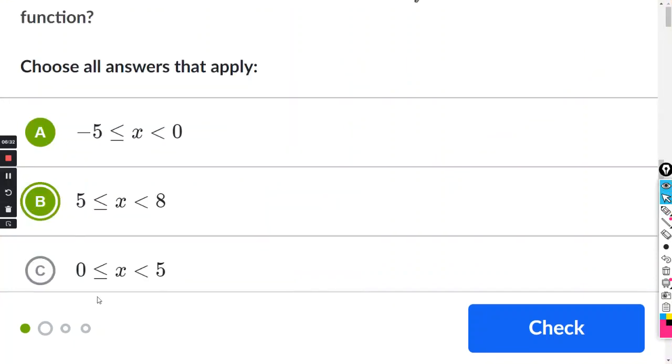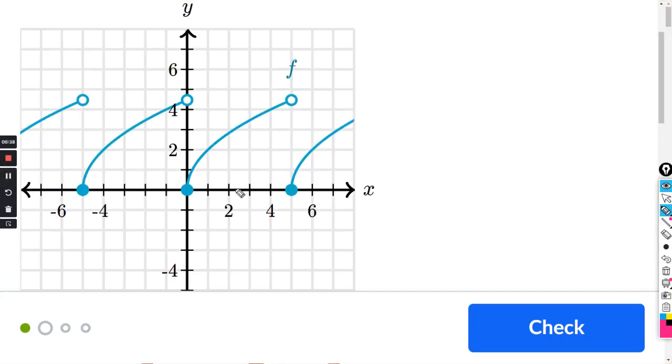Last one, let's check C, going from 0 to 5, but not including 5. Here's x equals 0, and x equals 5 is right here, but we're not including that, so I'll make it a dashed line. This point doesn't count.